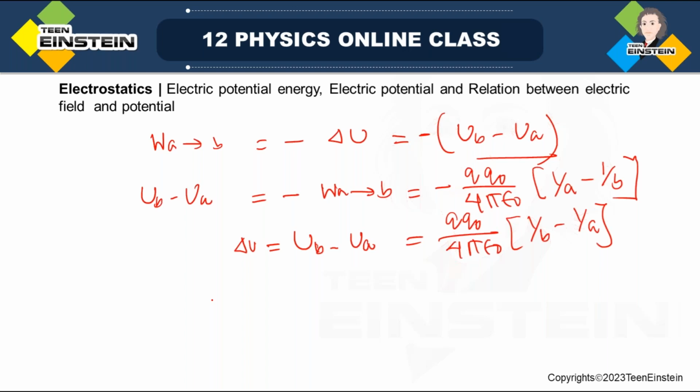So what we are trying to do is actually find out potential energy with respect to some reference.